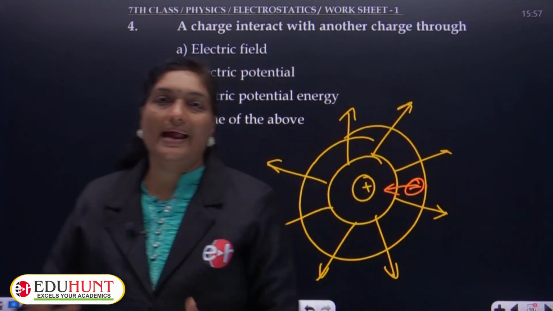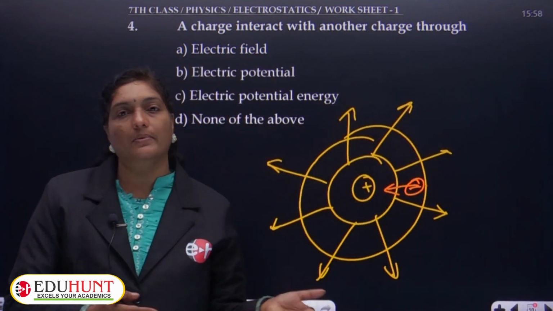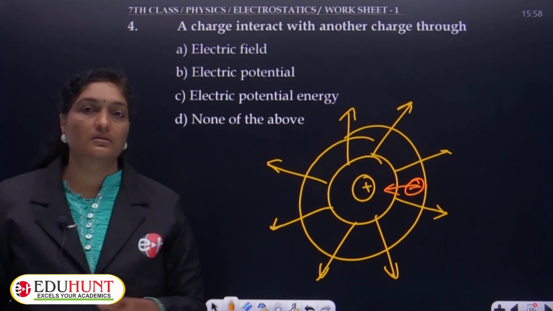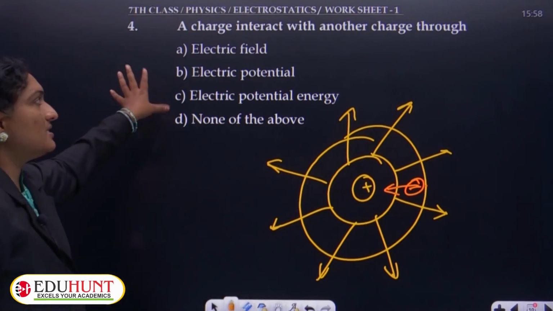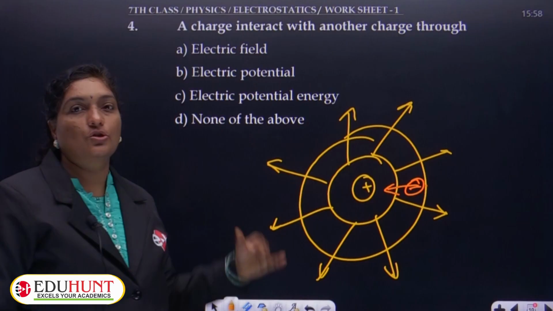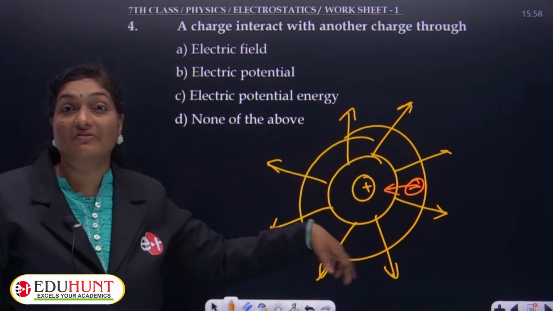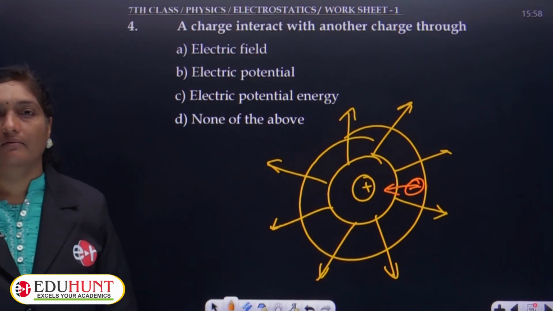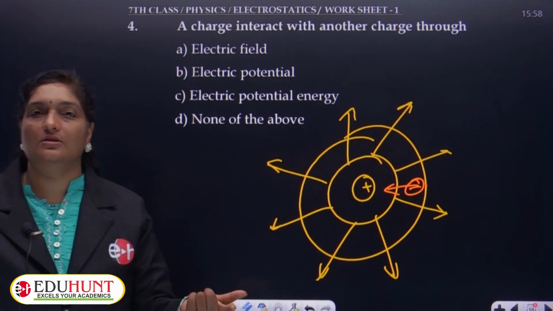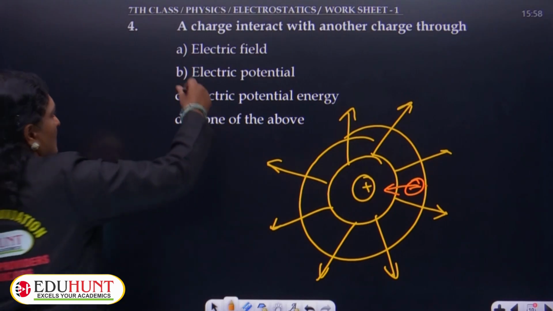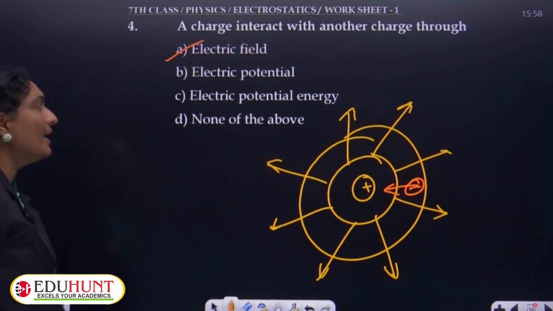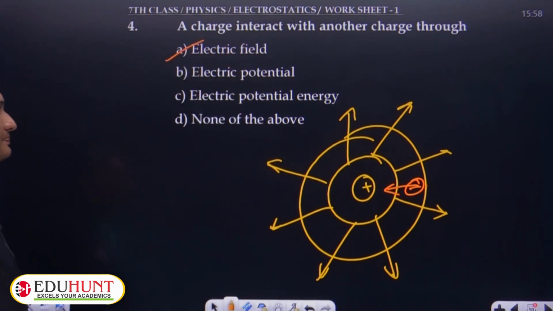Interaction means either attraction or repulsion. So a charge interacts with another charge through the electric field. The electric field will decide whether to attract or to repel the other charge. Hence, the correct option is option A, electric field.